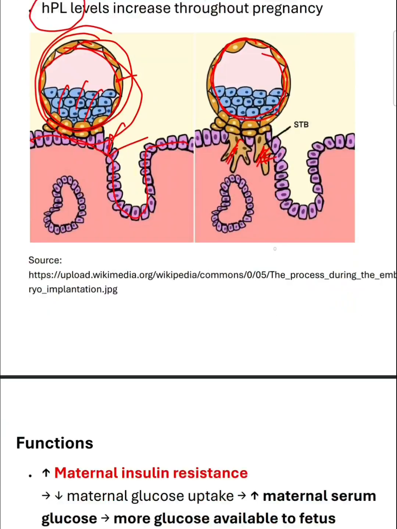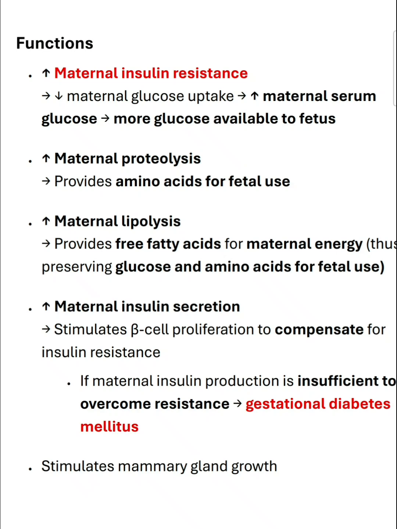And now we will talk about the functions of this hormone. A very important function of this hormone is to create maternal insulin resistance. Why? We will now learn why that happens and what is the purpose of it. So we know that insulin is a crucial hormone to lower the blood glucose level, right?